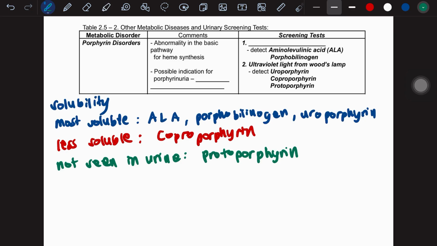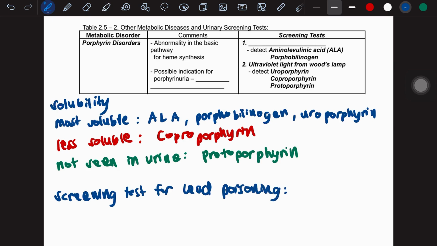So in here we also have our screening test for lead poisoning. So if you can recall, what is the screening test for your lead poisoning, which is recommended by your CDC?